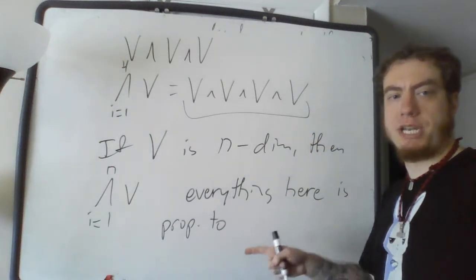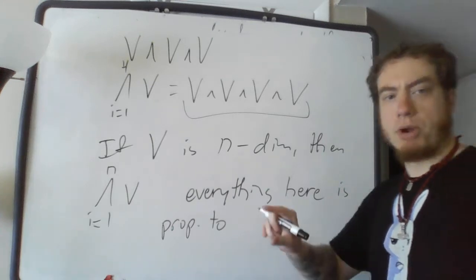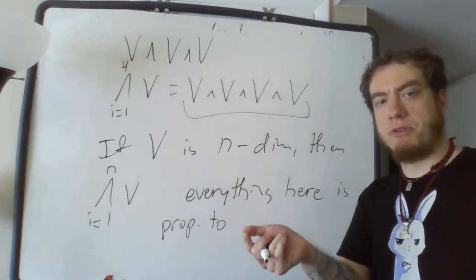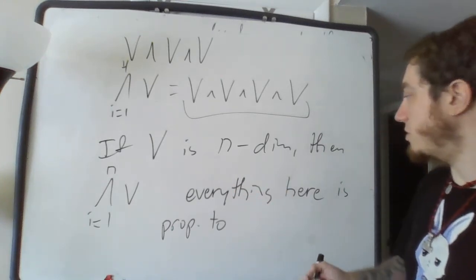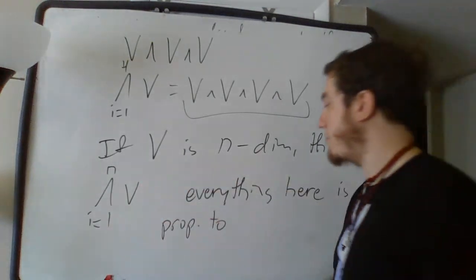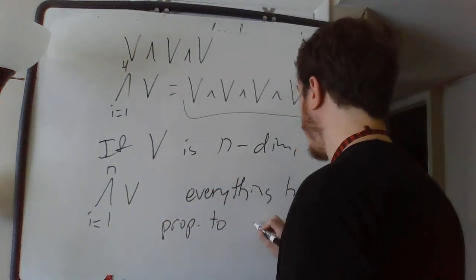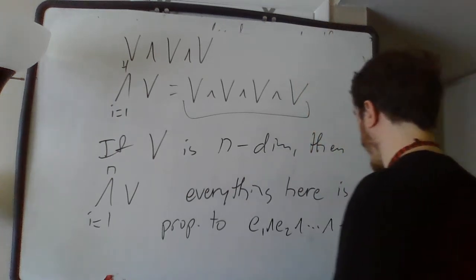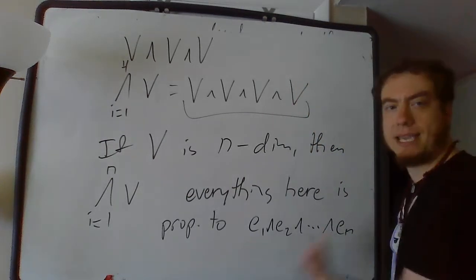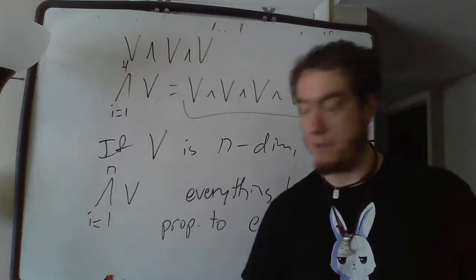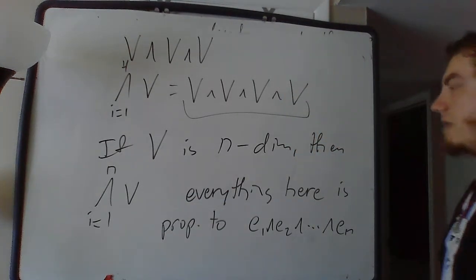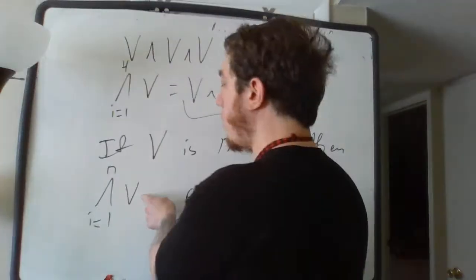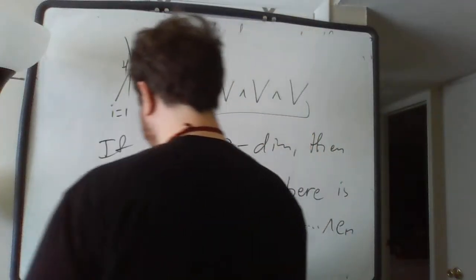So the only question is, how do I permute them? But remember that by flipping the permutation, I just flip the sign. So it turns out that everything in this wedge product is proportional to e1 wedged with e2 wedged with all the way out to en, if the ei's here are a basis for V. And because of this, this is a one-dimensional vector space.